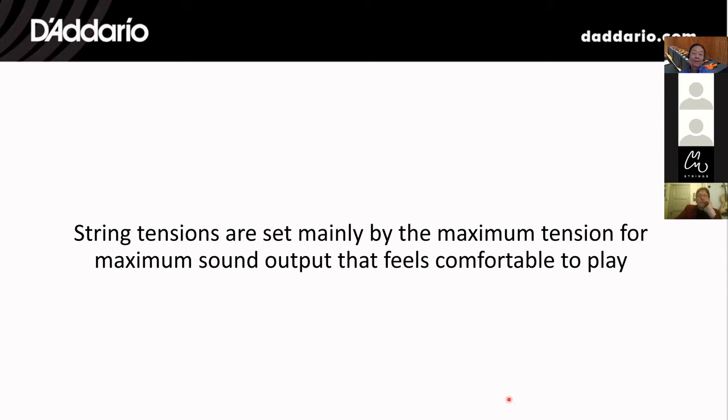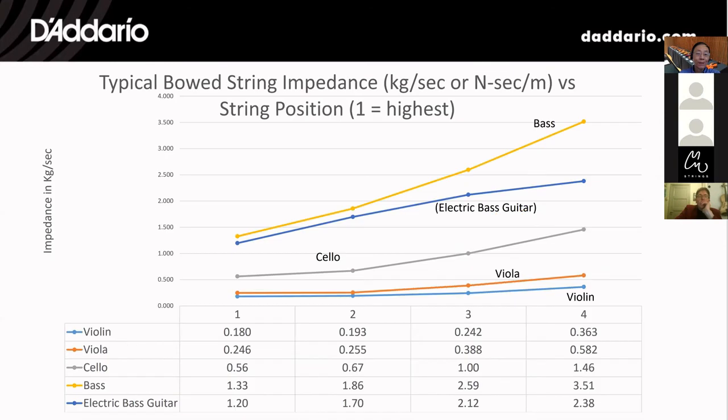In practice, it actually works out pretty well, because let's go back to the string impedances for violin and viola, especially. And we see that you can argue that the top three strings of those instruments are roughly equal impedance.